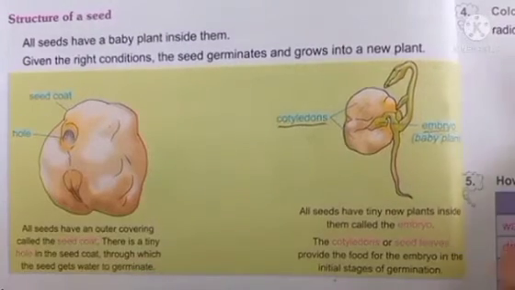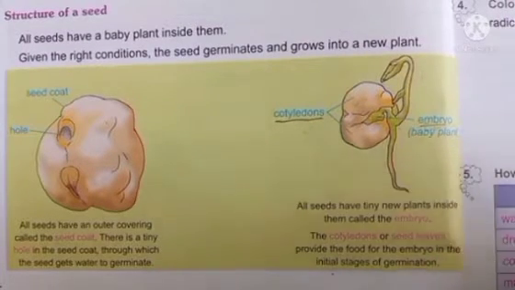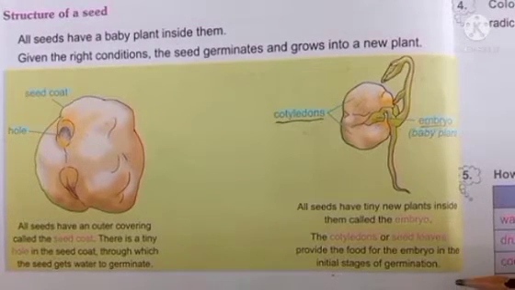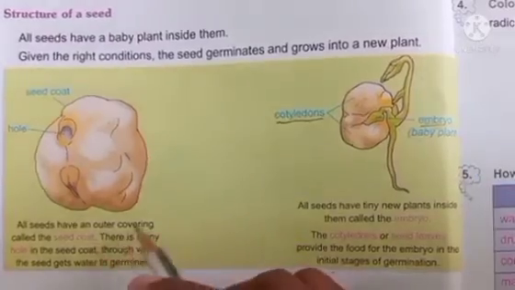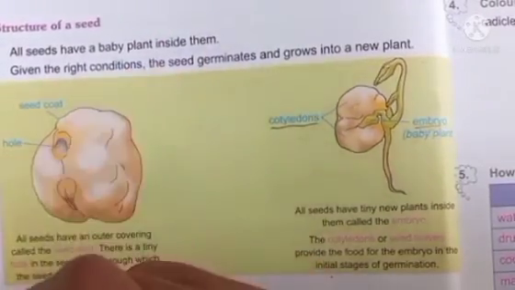So many vegetables, fruits and even the sprouts, if you soak pulses for 2 days, 3 days, you will get the sprouts outside, right? So here also, all seeds have a baby plant inside them.